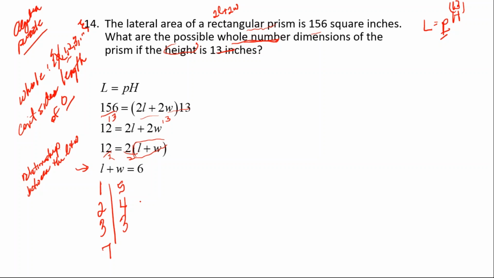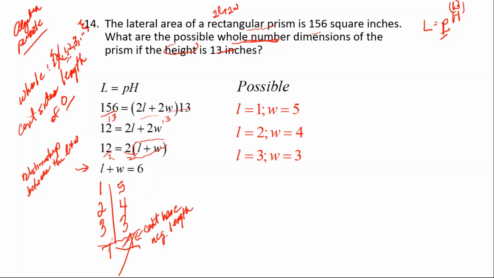But my perimeter has to add up to 6. Negative 1. I can't have negative length. In algebra I could, but I can't have negative length in geometry. So anything bigger than 6 is not going to work. And between 4 and 5 and 6, they repeat. So there's all your possible values. There's all the possibles.